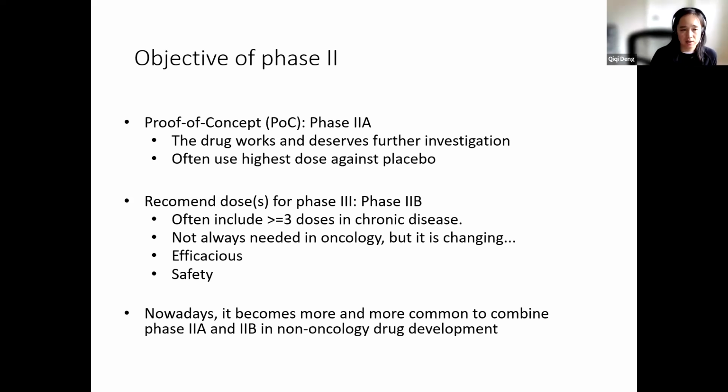Therefore, you have to do a little bit more exploration in your phase 2 to find the right dose. Such phase 2 dose finding studies usually have more than 3 doses. This is not the case for oncology, and again, we're going to talk about it separately. And then we are also going to keep looking at efficacy data and safety data.